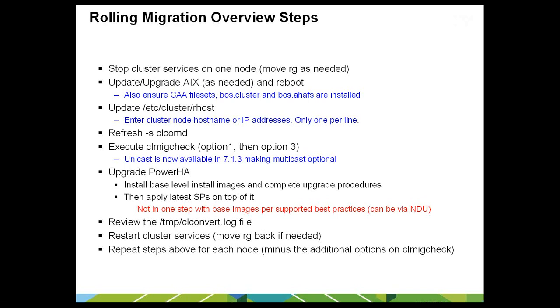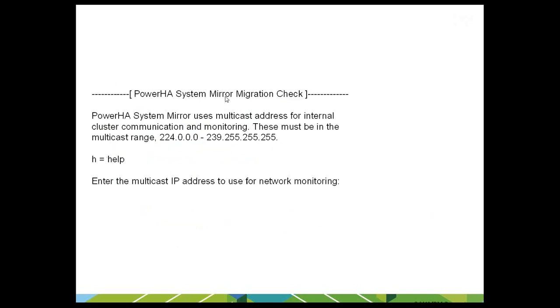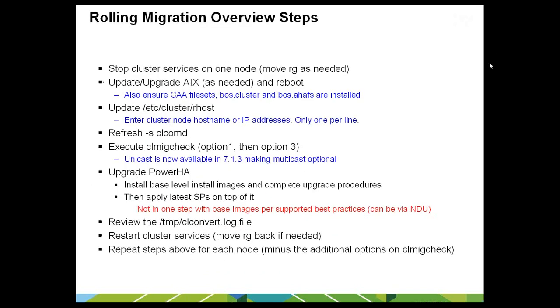Now, if you previously had a non-cluster aware version of AIX installed, anything prior to 6.1.6, or even if you did have a CAA capable level, it's quite possible you don't have the cluster-aware AIX file sets installed that are needed for version 7.1. So when you perform this update, you may have to come back and manually choose to install the cluster file sets.